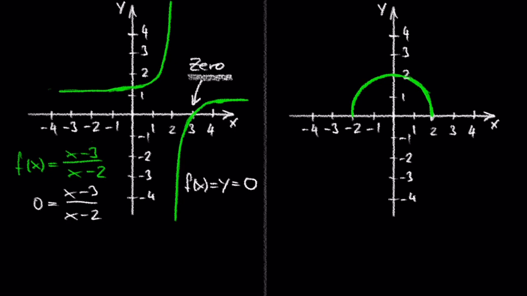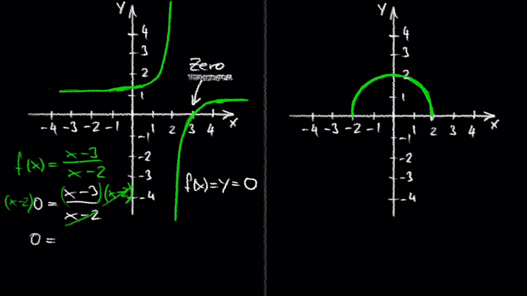Recall that we can get rid of the denominator by multiplying the equation by the denominator. On the left-hand side of the equation, we have 0 times x minus 2, which is going to be 0. And on the right-hand side of the equation, we are going to cancel out x minus 2.